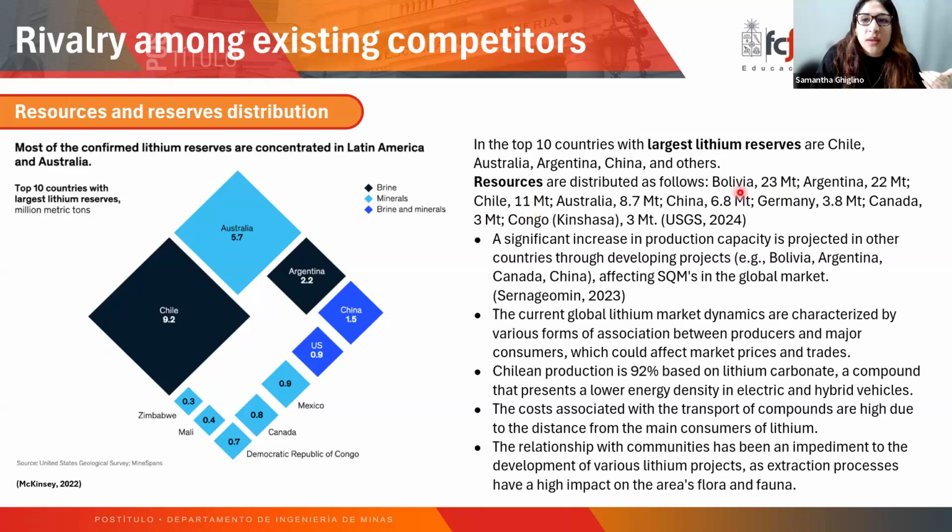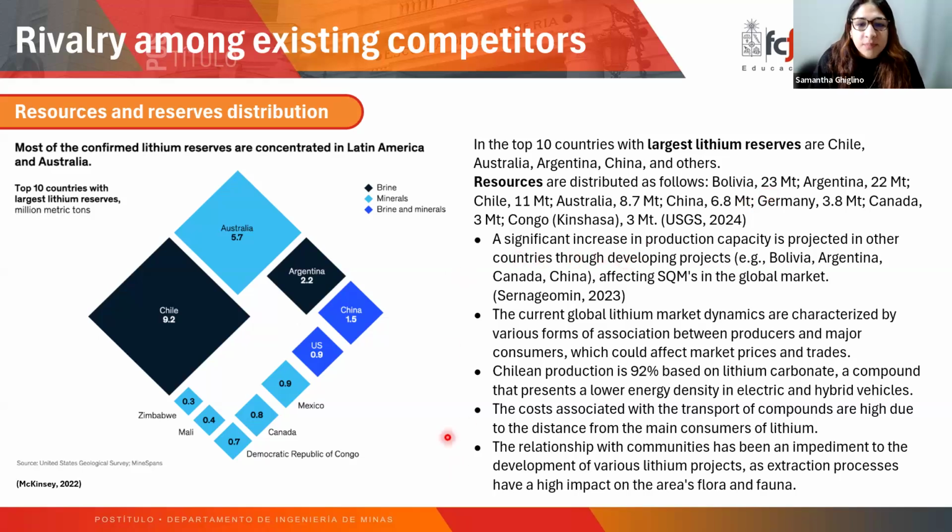So this is what we think is the main threat for our company, because even as these resources are not yet being developed, this represents a higher threat for our profitability in the future, as the Bolivian and Argentinian industry continues to develop, grow, and invest in new projects.